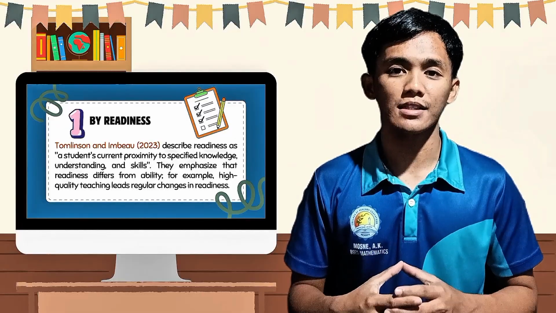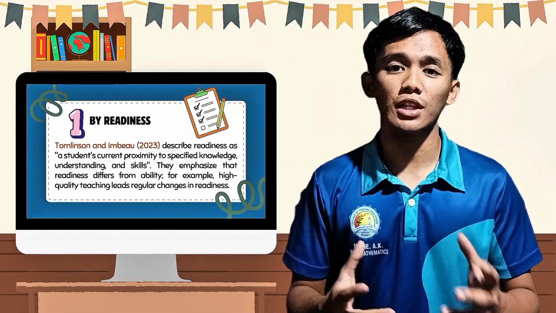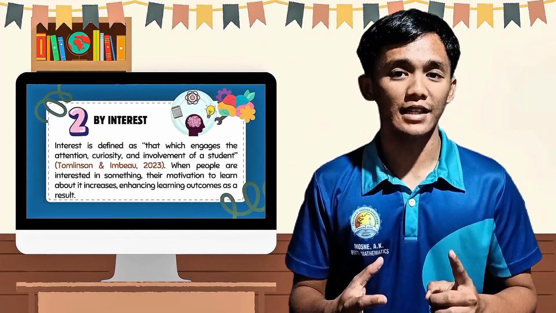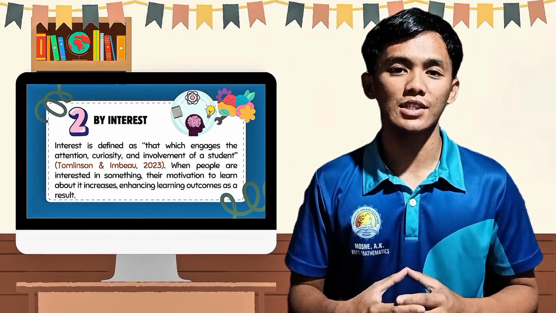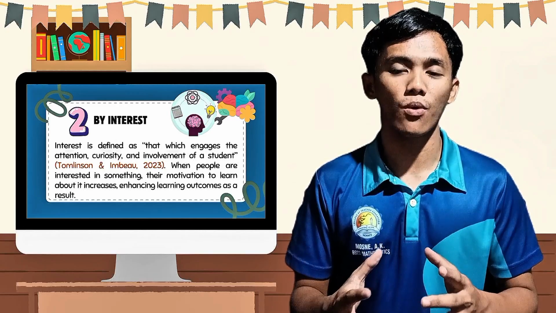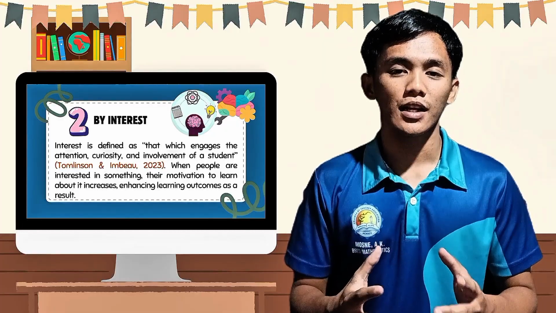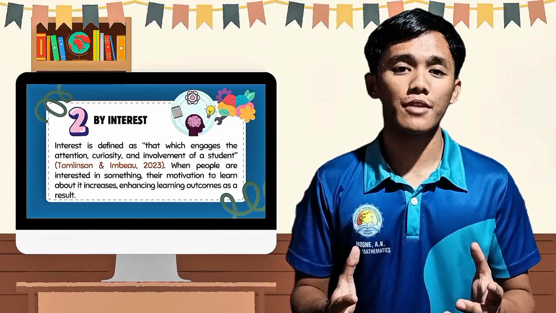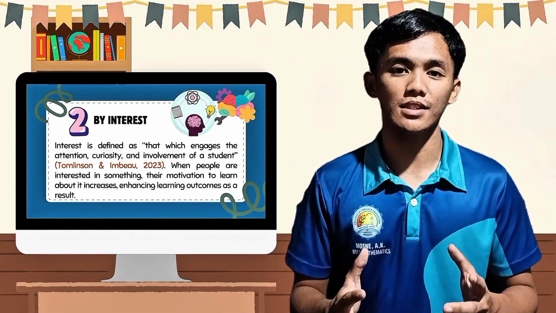Therefore, tasks should be appropriate to their current level, challenging but achievable with support. Second is by interest. It is essential to connect lessons to students' passions or curiosities, which increases their motivation. These are influenced by student strengths, cultural background, personal experiences, and perceived needs.